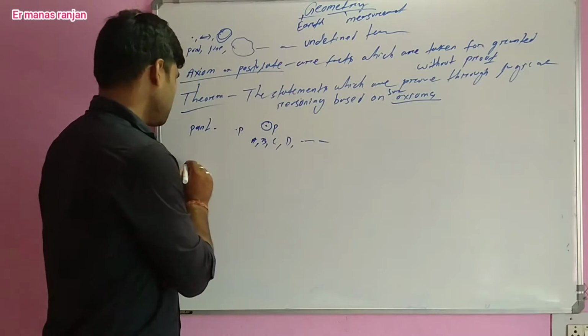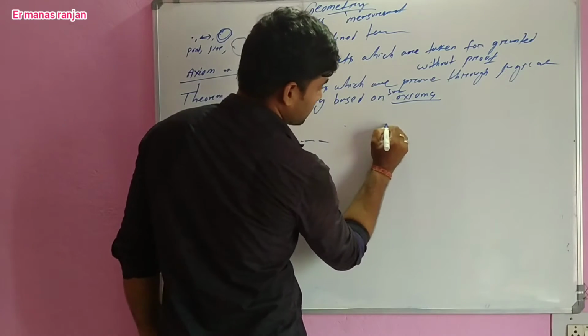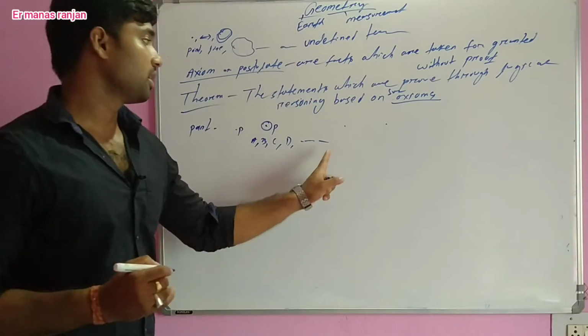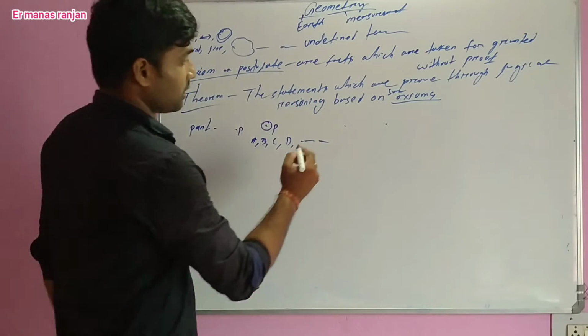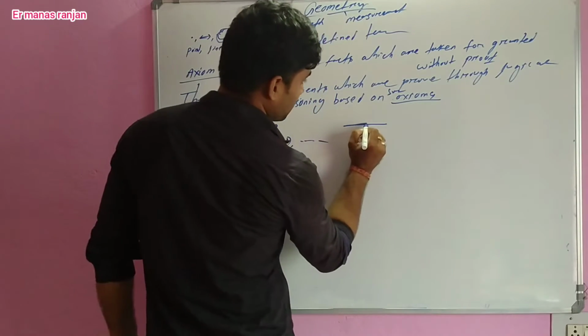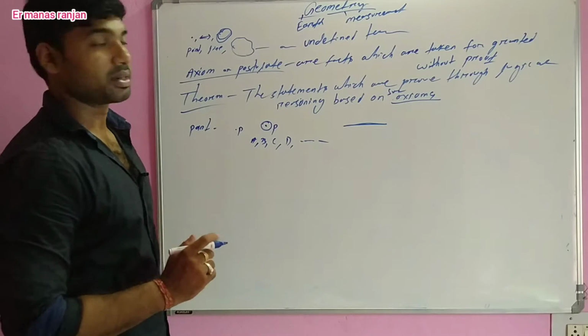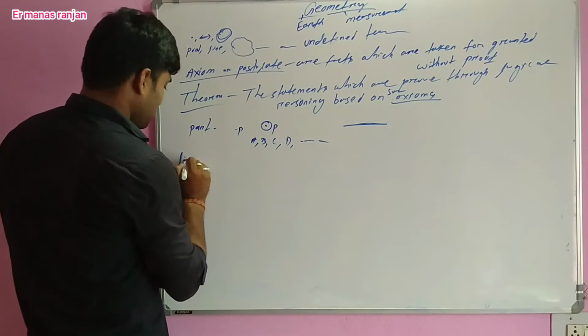If you join, here is a point, here is a point, here is a point, here is a point. If you join two points, you will get a line segment. What is a line segment?